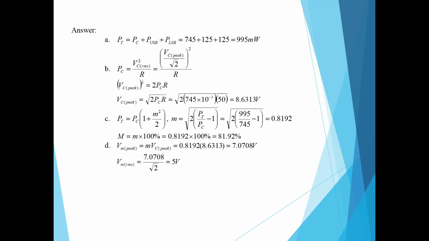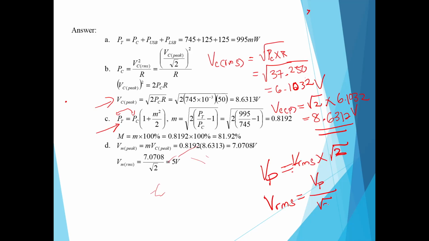Or you can write VRMS is equal to V peak divided with square root of 2. So this is the fundamental equation.